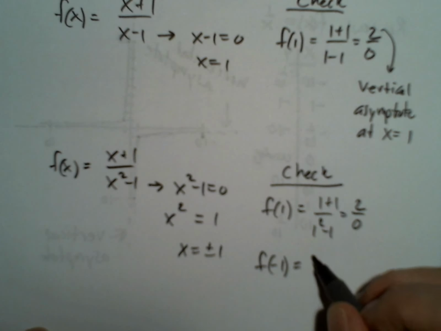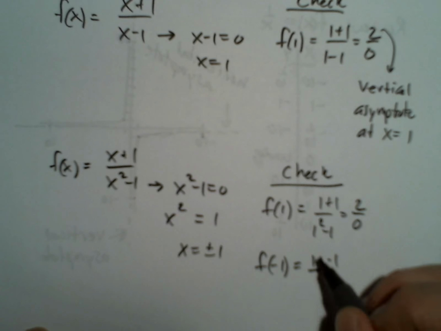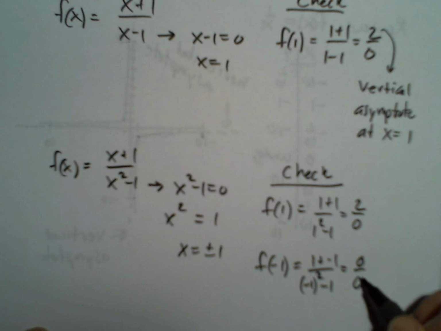And then we're going to go to negative 1, so that means it's not a vertical asymptote.